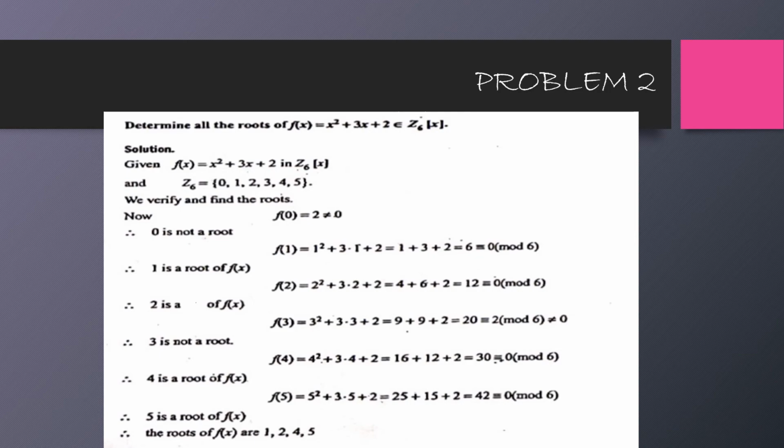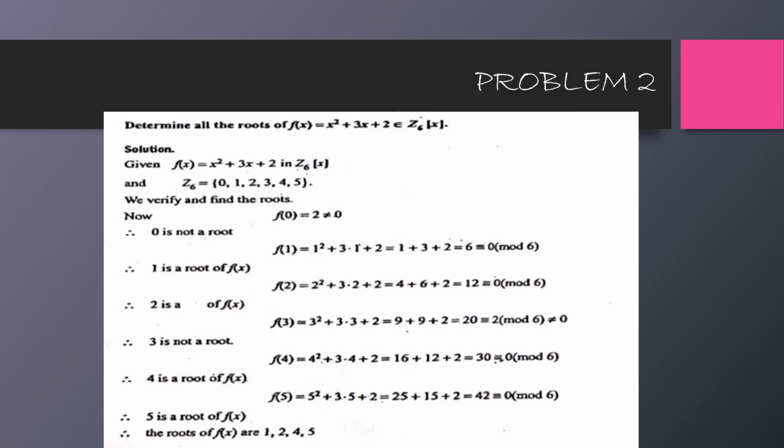So whenever a modulo is mentioned, you write down all the elements and substitute them one by one in your function f of x, and first you tabulate it. Now comes the discussion under modulo. What do I do? First, since modulo is given, I find out what answer I'm getting here. If I see the answer here, the answer I got is 2.